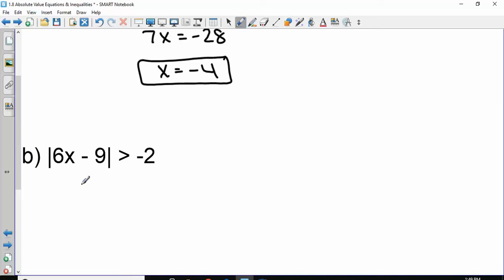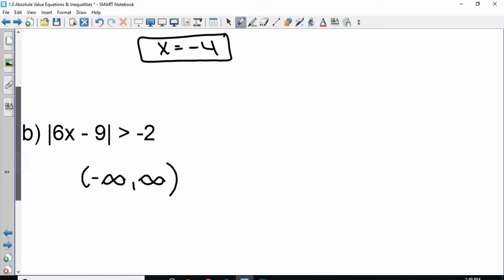Negative infinity to positive infinity. You can pick any number in the world, I can plug it in there and that statement is true. If you work this out, you have a greater than, which is an or statement, and when you go to graph them, they overlap and they cover the entire number line. So you could work it out and still get there.